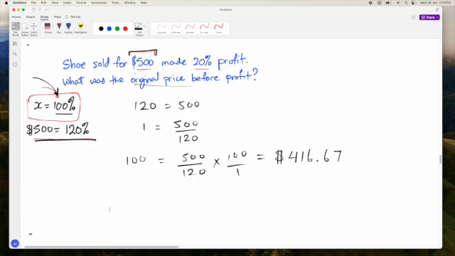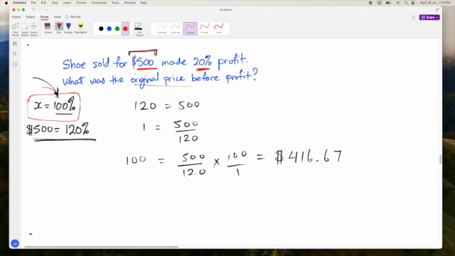A shoe was sold for $500 and made 20% profit. What was the original price before the profit? So the shoe sold for $500 and they made 20% profit. So what was the cost price, before the profit?